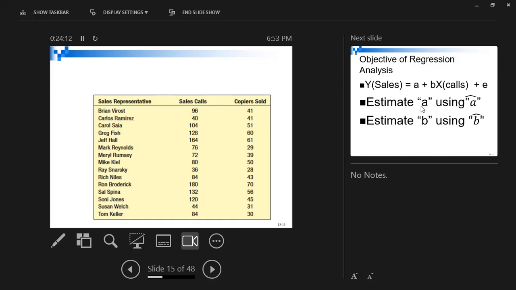Would B be 1, less than 1, or more than 1? Or even if it's more than 1, is it between 1 and 1.5, or between 1 and 1.9? Get the idea? So you're going through 2 stages of hypothesis testing, and we do that quite often when we do the analysis.